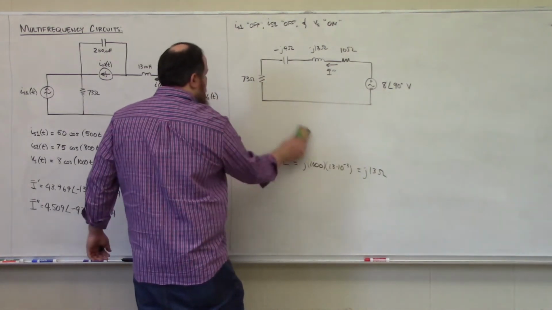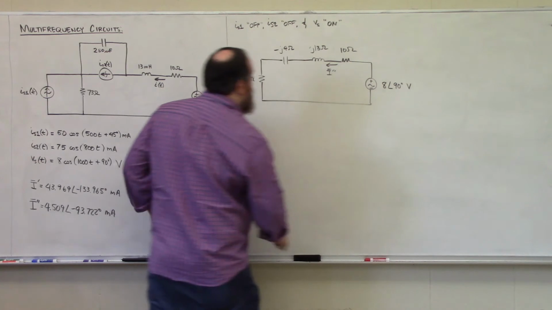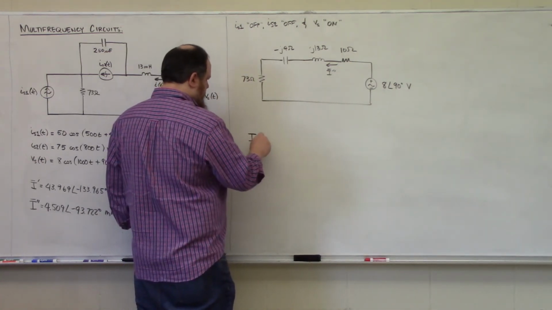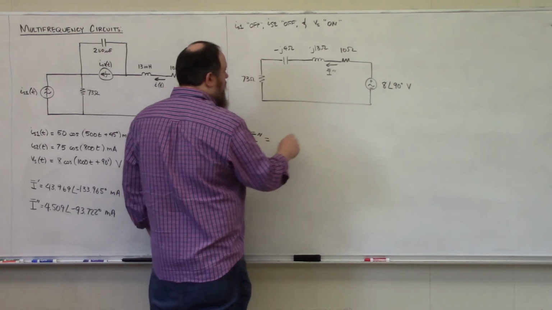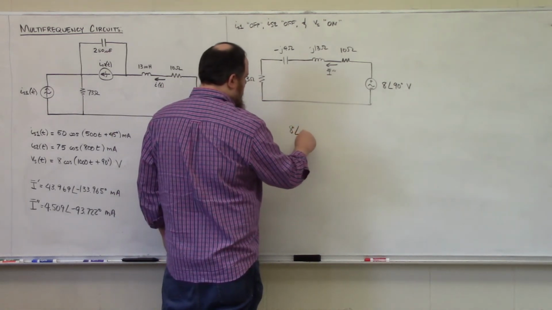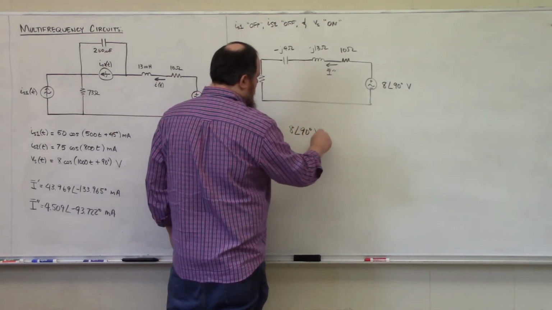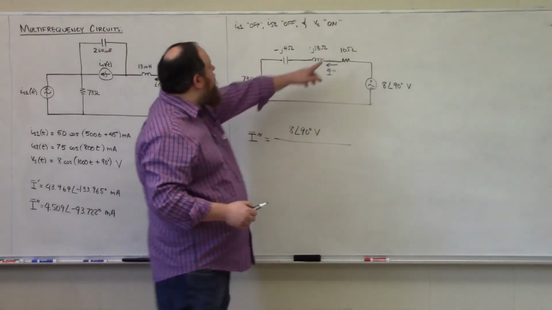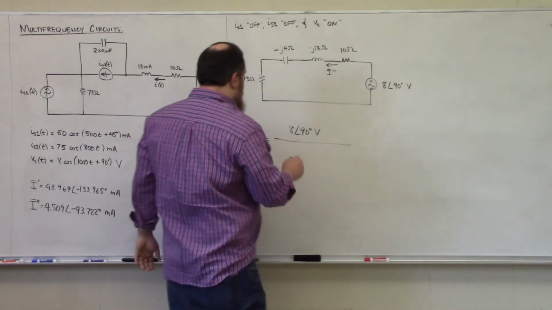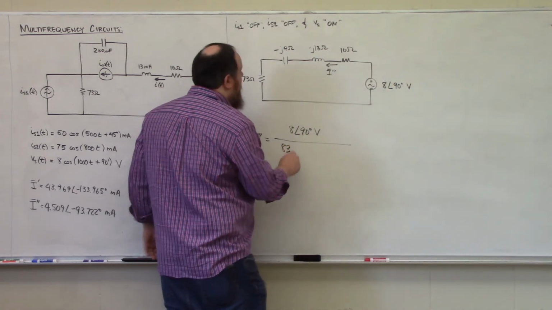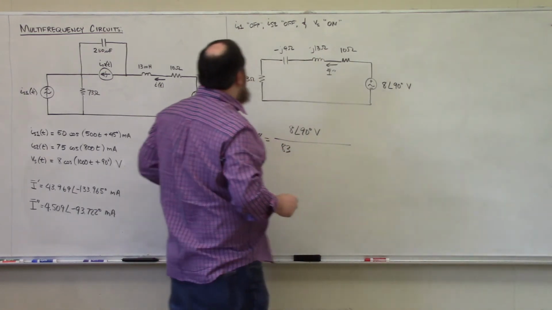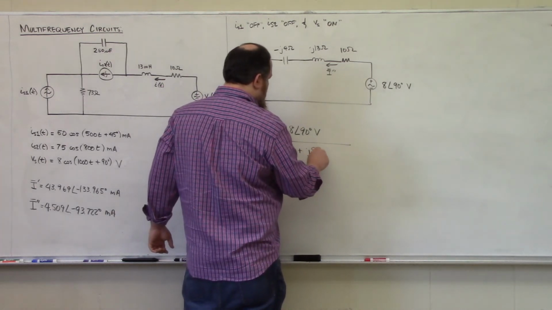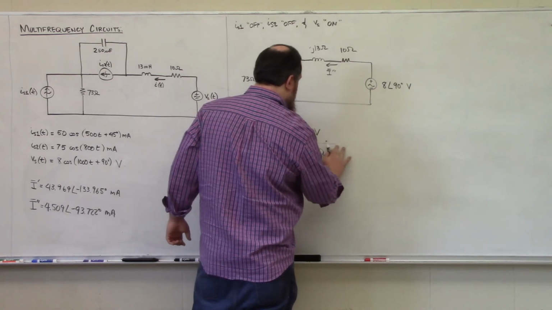So I have a single loop circuit. I can just use Ohm's law to figure out what that current is. So I triple prime will be my voltage, 8 angle 90 degrees volts, divided by this total series impedance, where I have 10 plus 73, which looks like 83, plus 13 minus J4, which is plus J9 ohms.